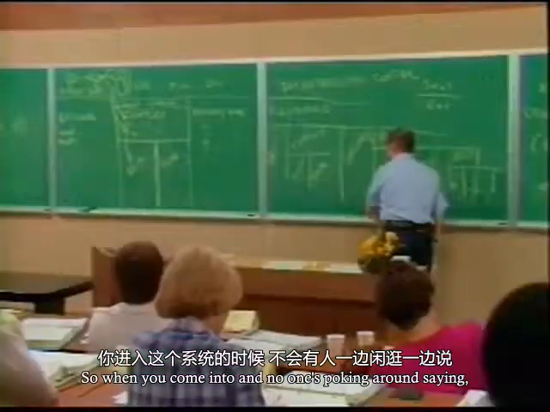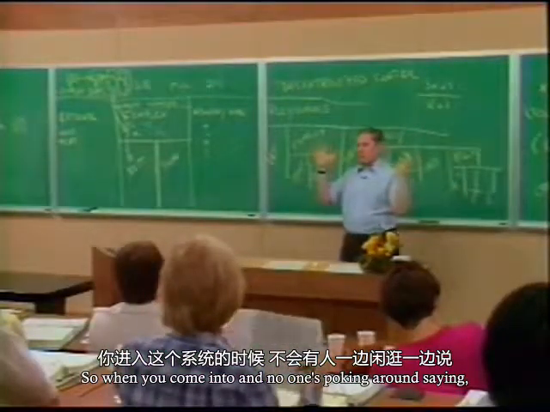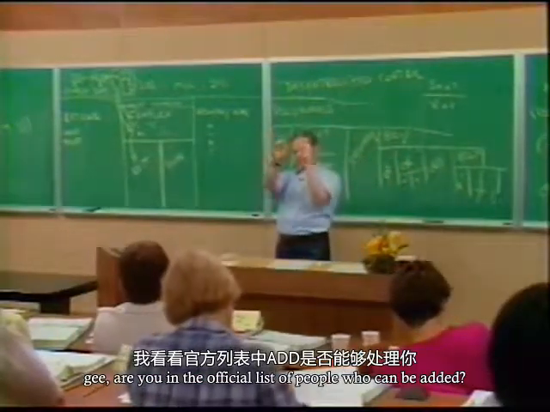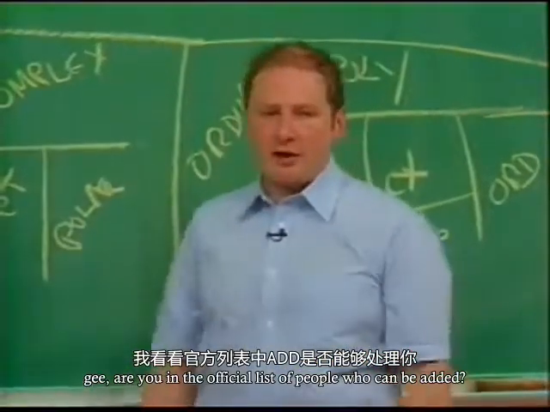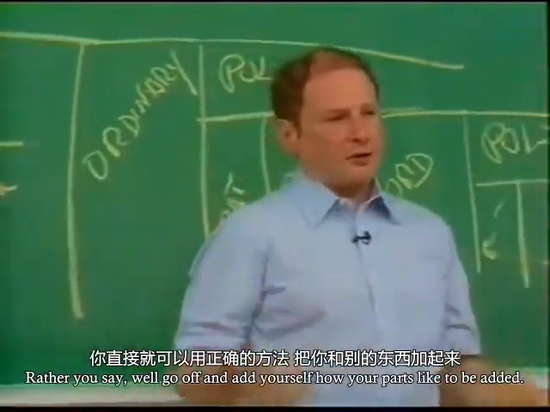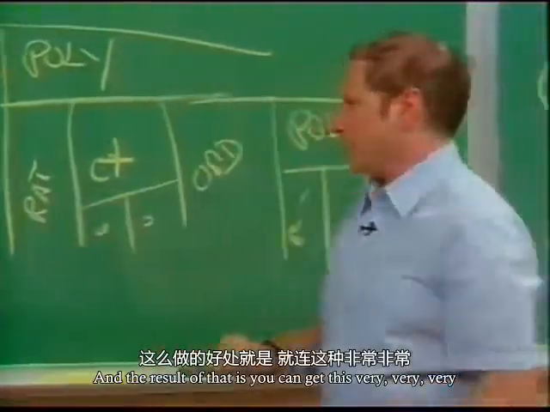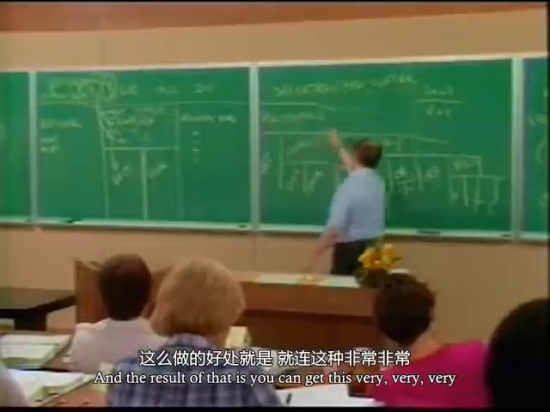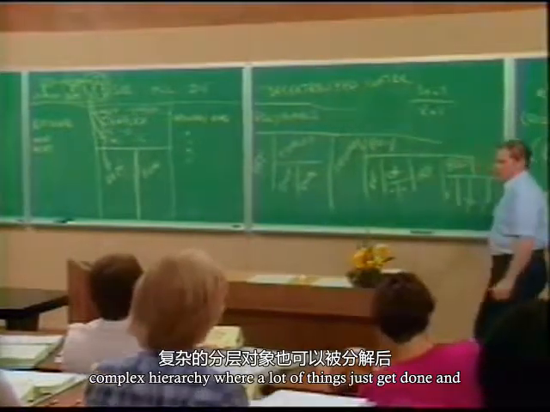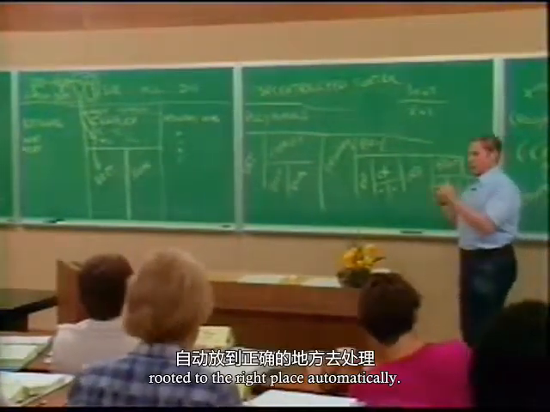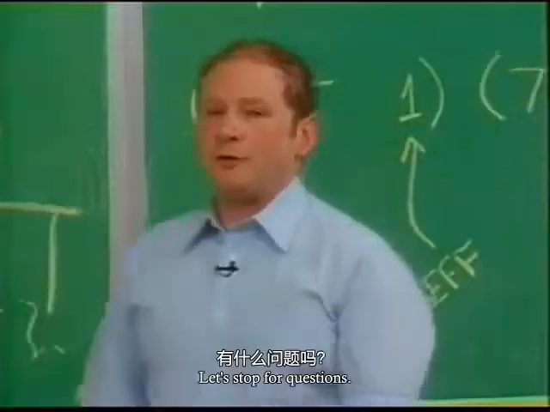So when you come in to add, no one's poking around saying, gee, are you in the official list of people who can be added? Rather, you say, well, go off and add yourself how your parts like to be added. And then you see the result of that is you can get this very, very complex hierarchy where a lot of things just get done and routed to the right place automatically. Let's stop for questions.